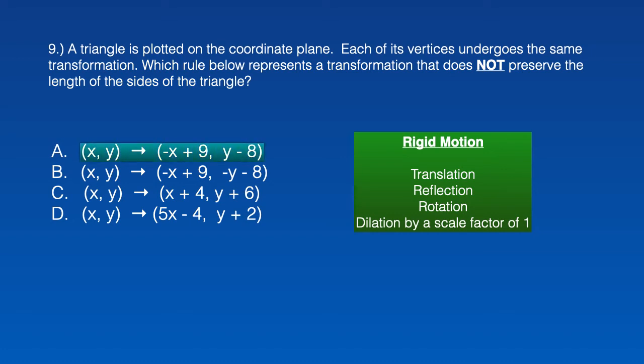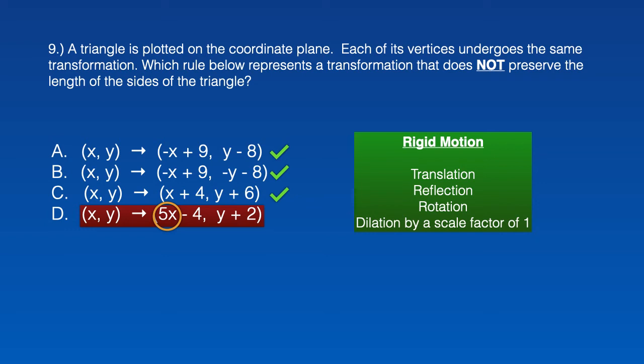The first one, basically the first 3, I meant to do the animation a little bit different on this. But let's just jump to the wrong answer so you can see how you could identify it quickly. The way to do this question quickly is to just look through it and see which is the only one where either x or y is being multiplied by a number other than 1.